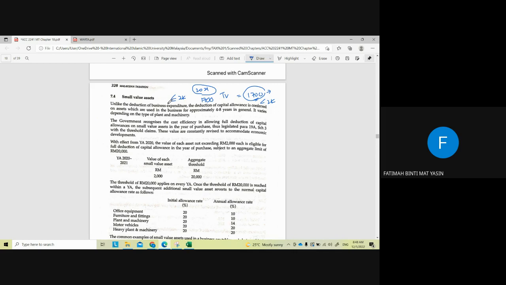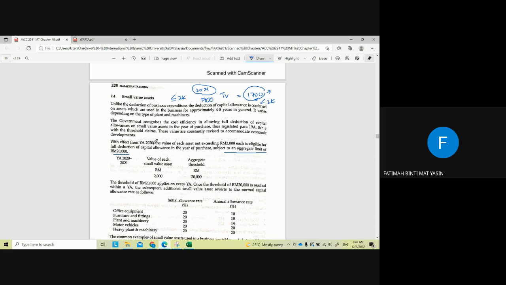So that's for small value assets, but we have a limit here. With effect from YA 2020, the value of each asset not exceeding 2,000 is eligible for full deduction of capital allowance in the year of purchase, subject to an aggregate limit of 20,000 ringgit. So the company can purchase small value assets, each less than or equal to 2,000 ringgit.